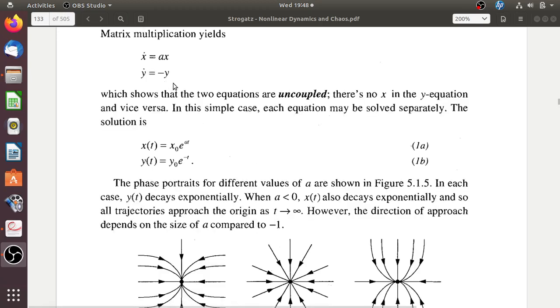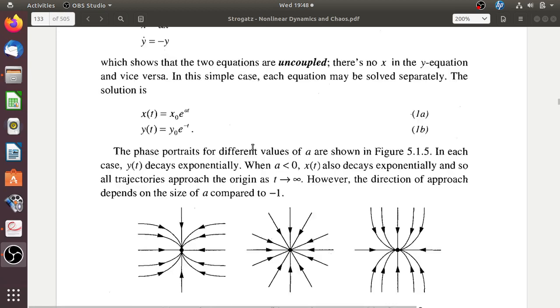Now for the system, what are the eigenvalues? Since this A matrix is a diagonal matrix, the eigenvalues are A and minus 1. And the eigenvectors are x and y, which means 1 0 is one eigenvector and 0 1 is another eigenvector.